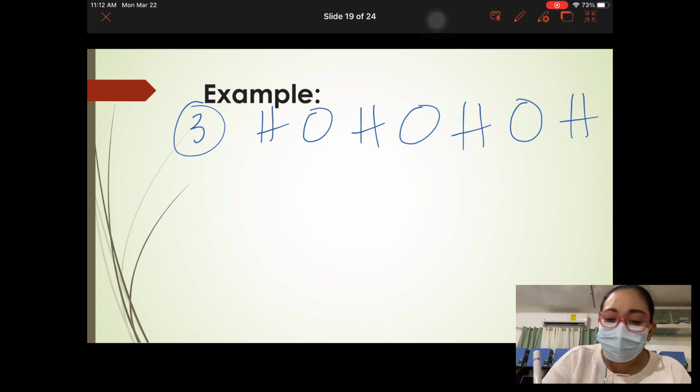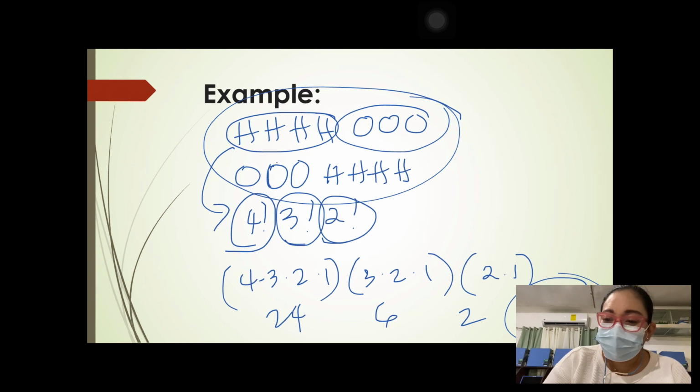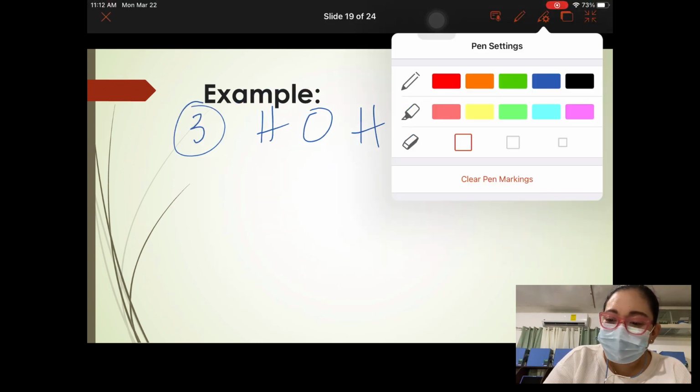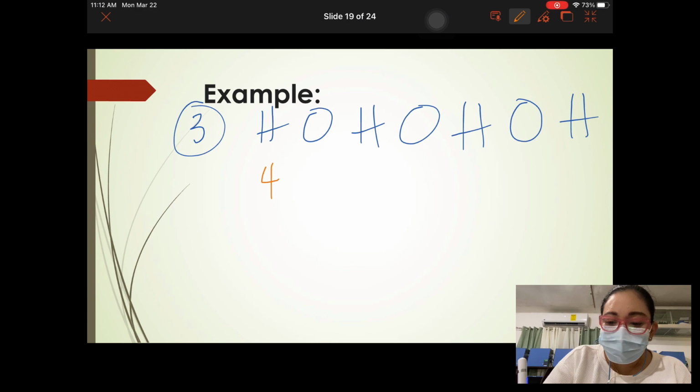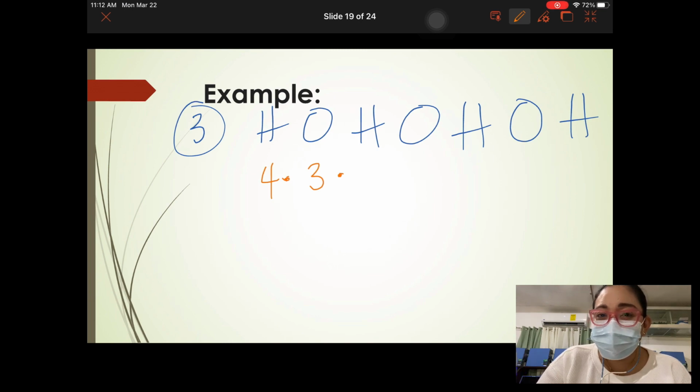So, isipin nyo, for the first slot, ilan ang possible herbal plants natin? 4, diba? So, there's 4 choices over there. Next, ornamental. Ilan ang ornamental natin? 3. So, pagdating mo sa third seat or sa third slot, 4 pa rin ba yung choices mo?